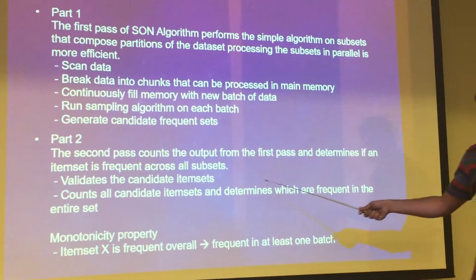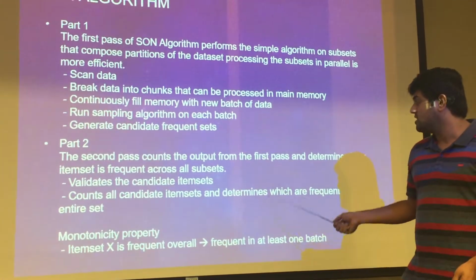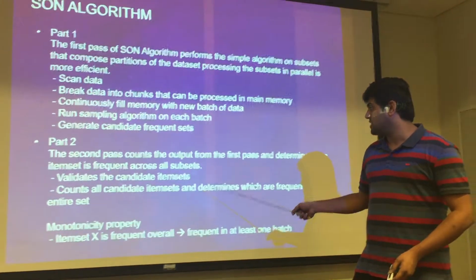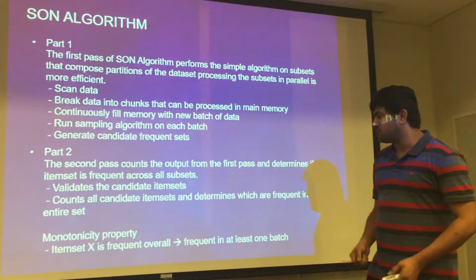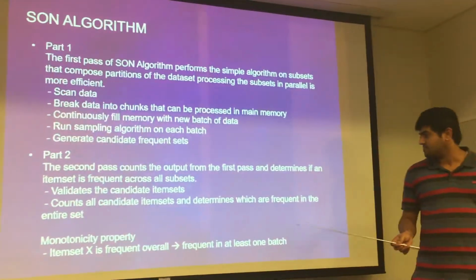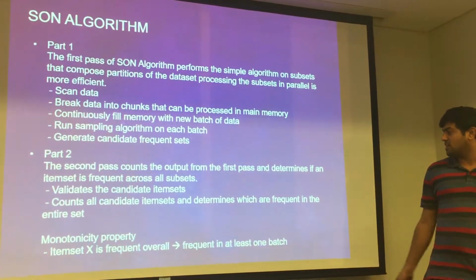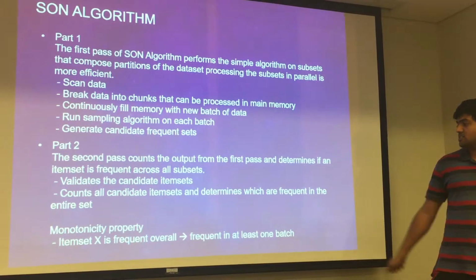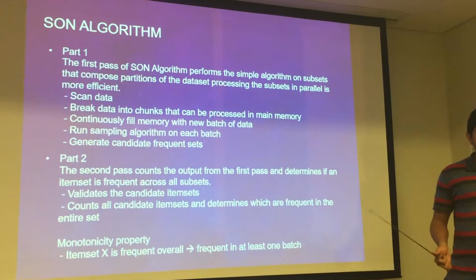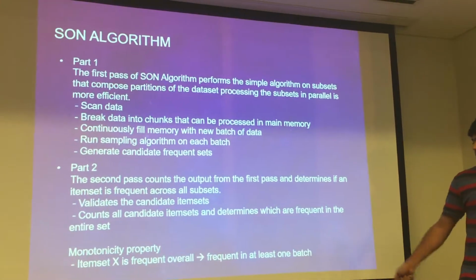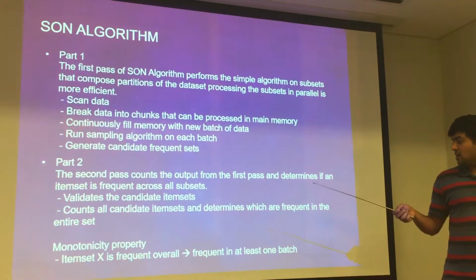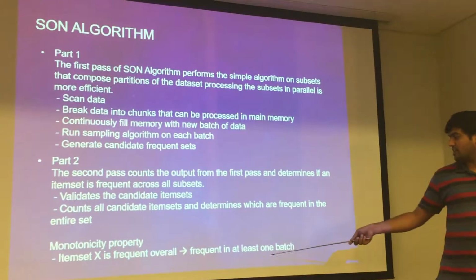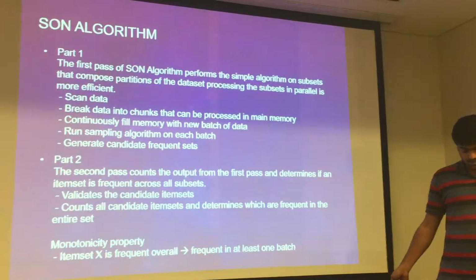It also validates the candidate item sets and counts all of them to determine which are frequent in the entire set. An important concept used in SON is monotonicity: if an item set X is frequent overall, it is frequent in at least one batch.